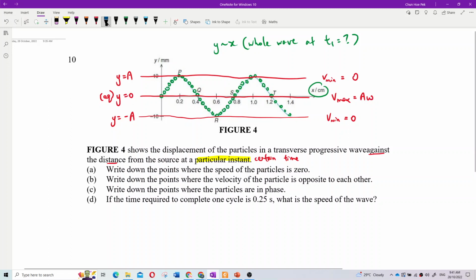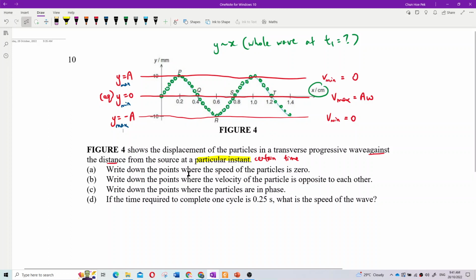Velocity and displacement are opposite. When y is minimum, v is maximum. When y is maximum, v is minimum.